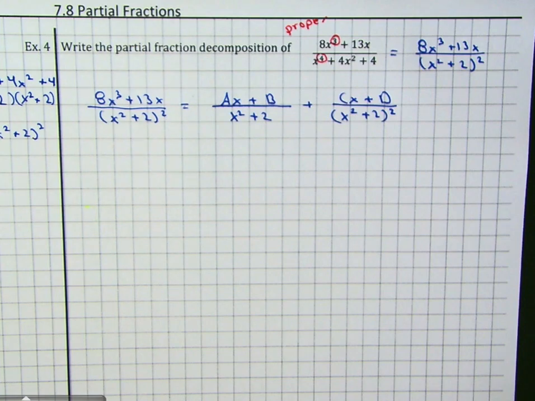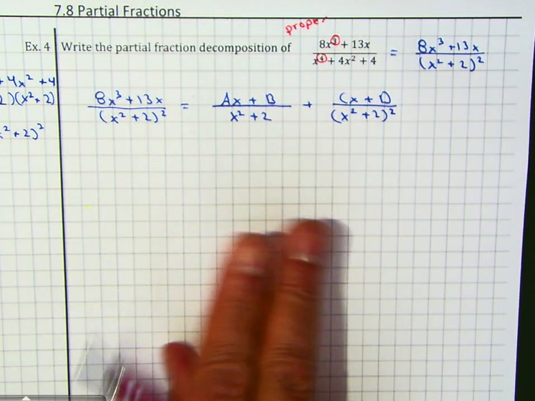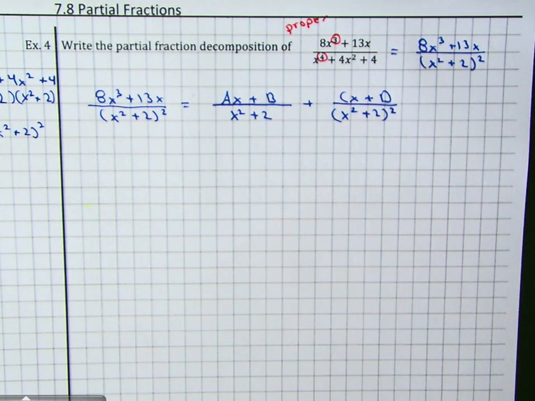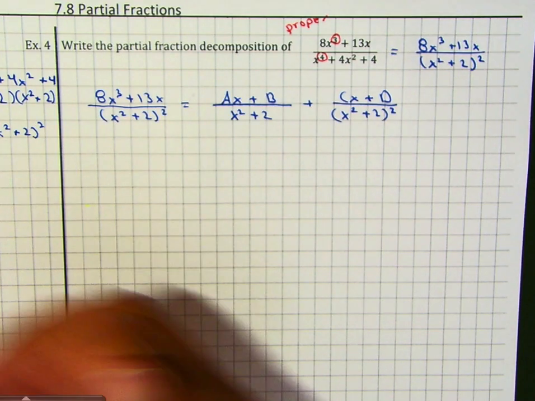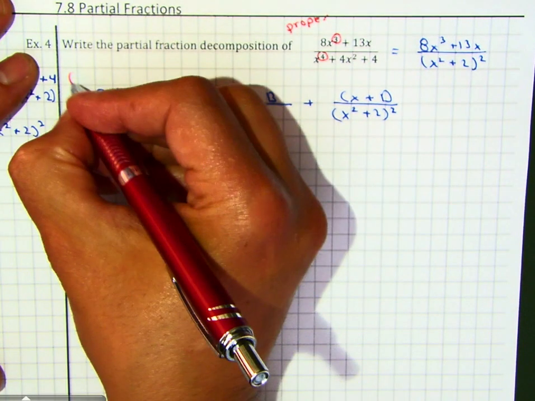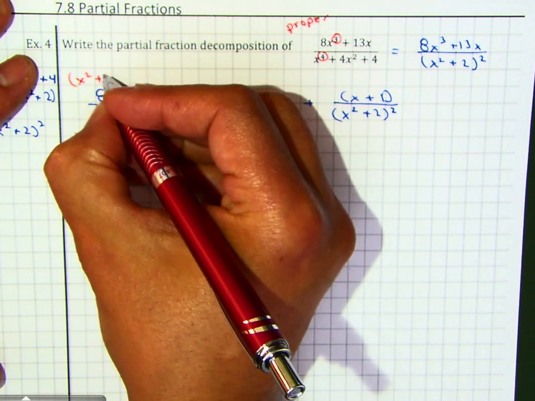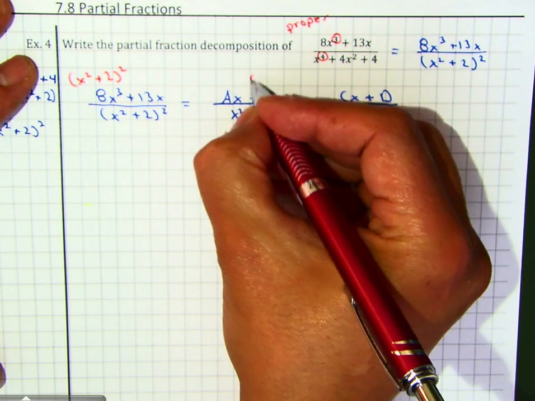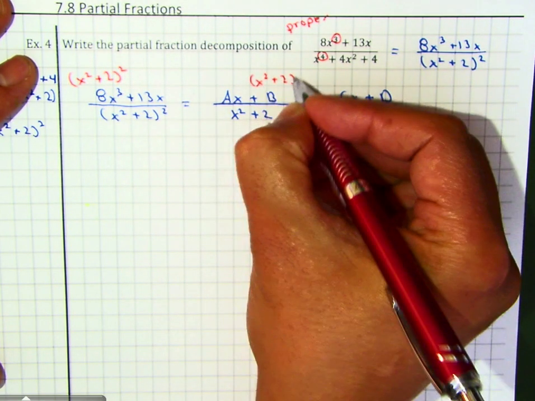And now I can go through a process of solving. Go ahead and pause it, solve it, see what you get, and then we can compare our answers. You guys ready? So in this case, we're just going to cancel my denominator, so I'm going to multiply by x squared plus 2 squared.